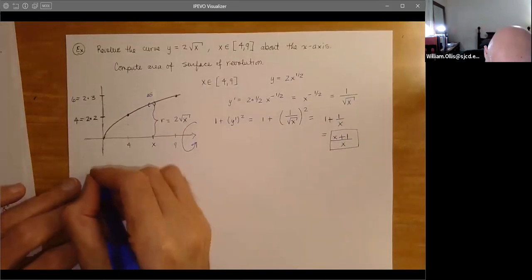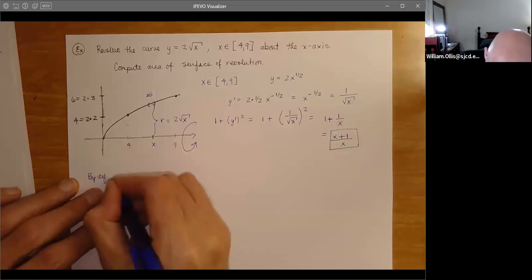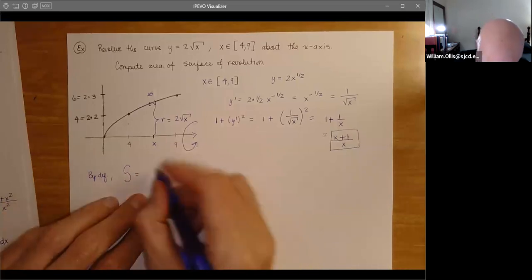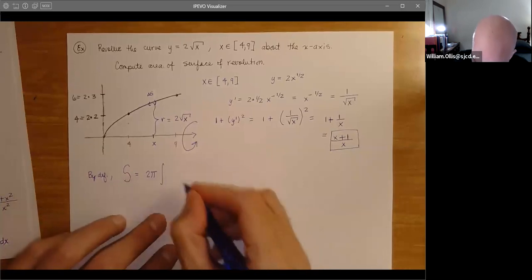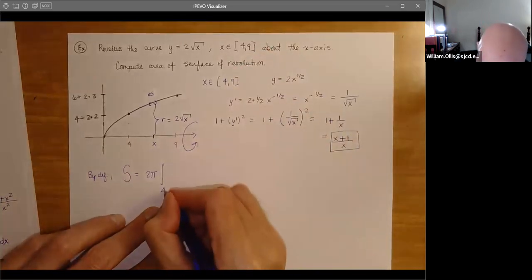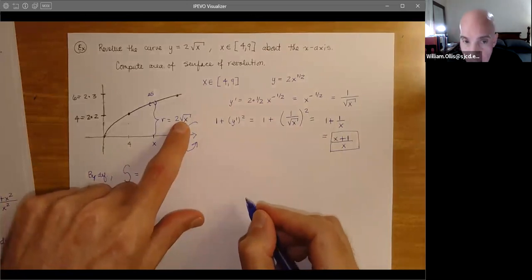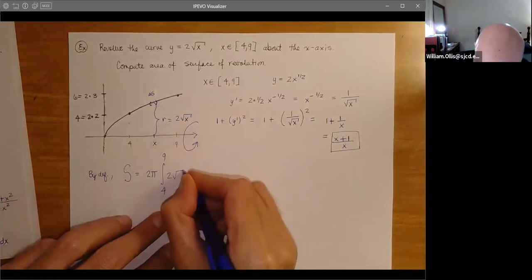And so now, by definition, S, the area of the surface of revolution, will now be 2 pi integral, in this case, 4 to 9. And now we can go ahead and write in the distance to the axis of revolution, 2 square root x.